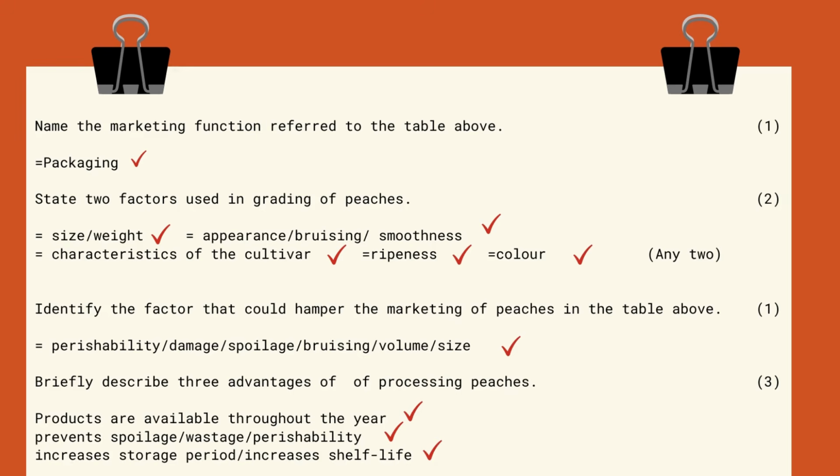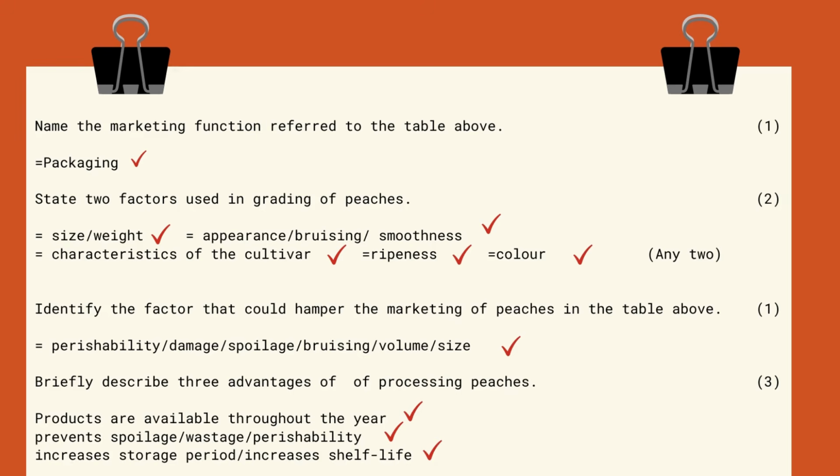Is it the characteristics of this particular cultivar of the peaches? Is it the ripeness or color? So there were 2 marks there. You'll be given a mark if you answer any two of these answers that we have provided here.